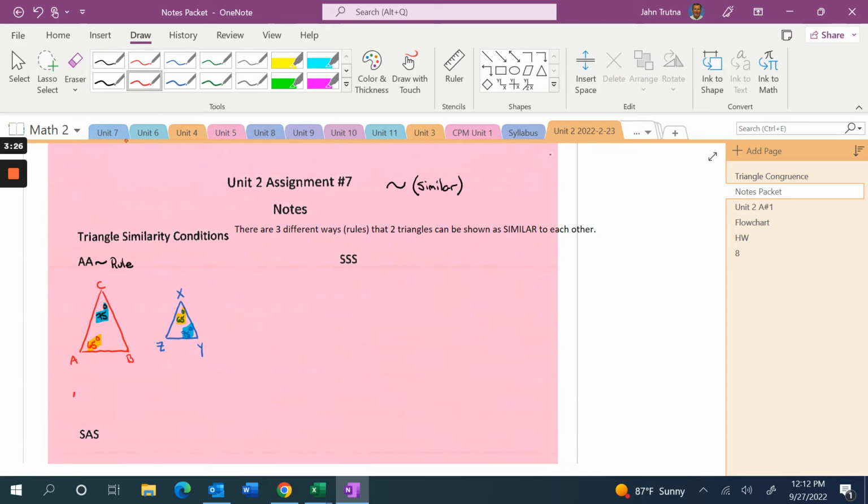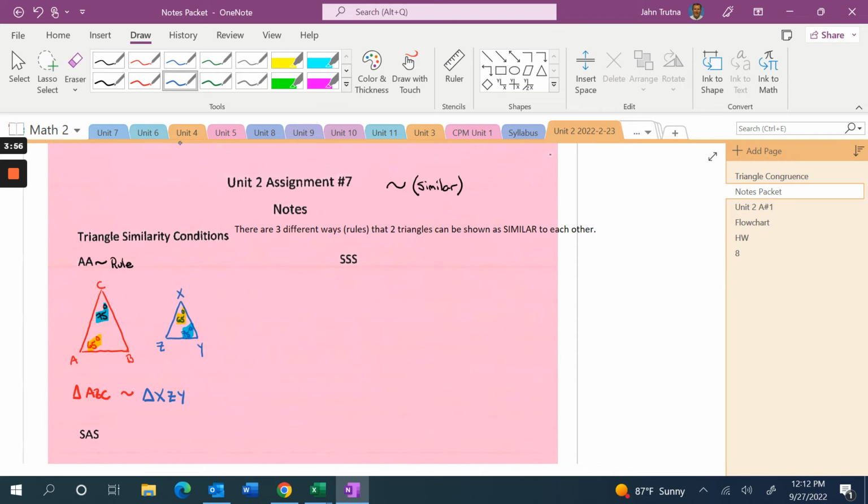So we can say that triangle ABC is similar to triangle, and then we have to match up the letters in the appropriate corresponding order. So A matches up with X, B, because it's 65, matches up with Z, and C, which is 75, matches up with Y, which is also 75.